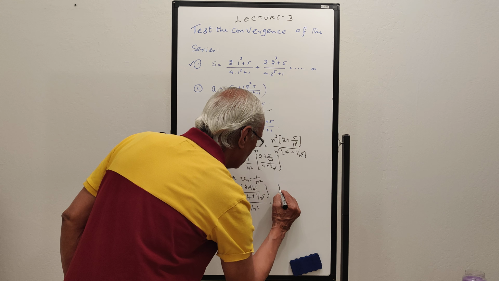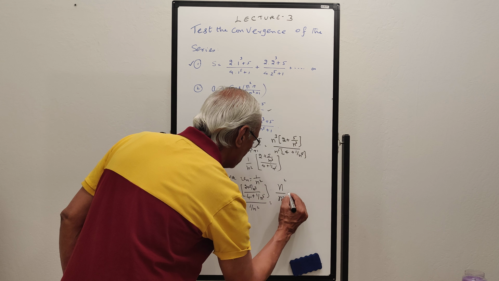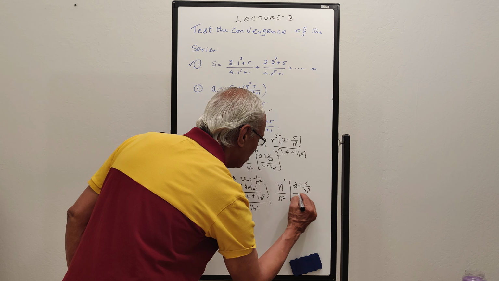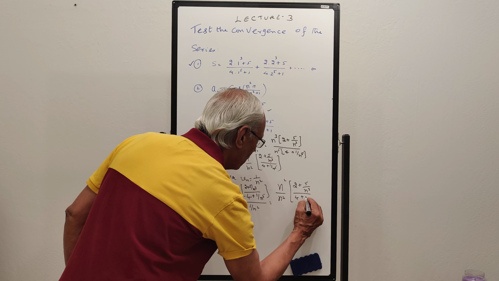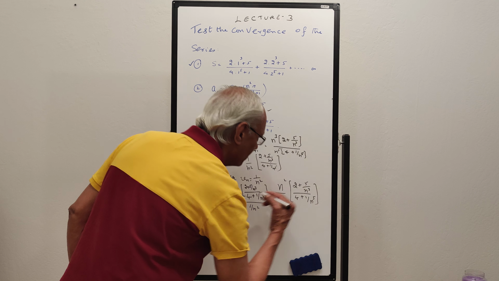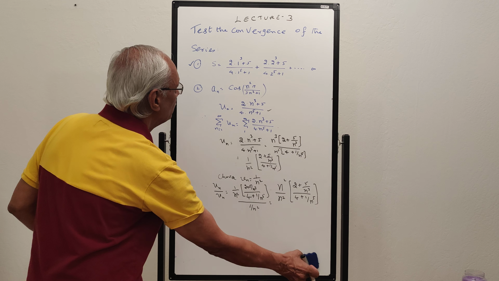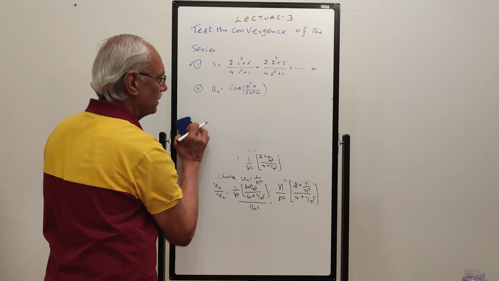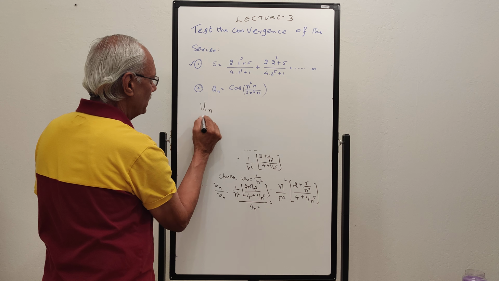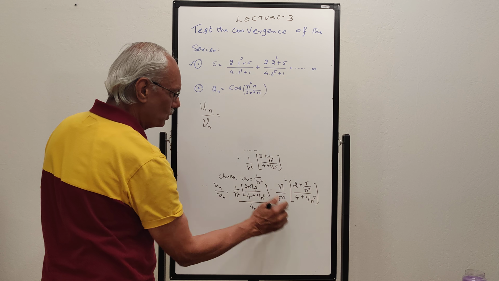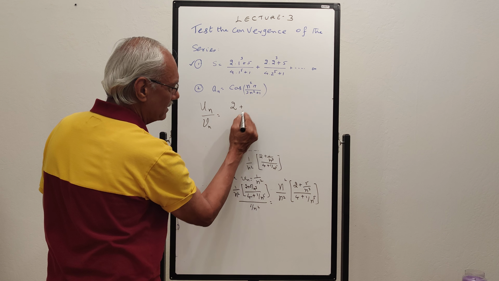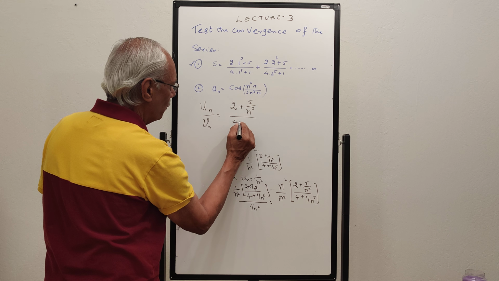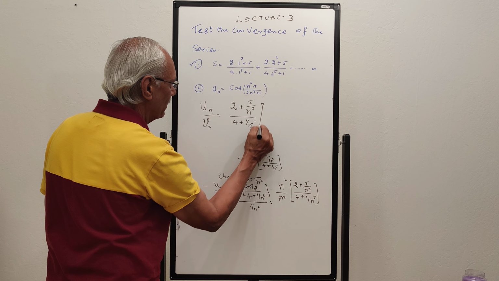So n squared by n squared cancels, and un by Vn is 2 plus 5 by n cubed divided by 4 plus 1 by n to the power of 5.